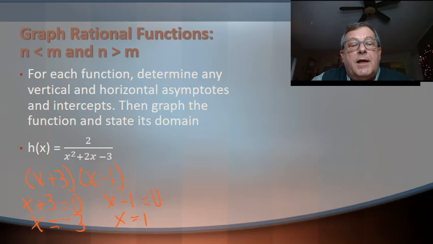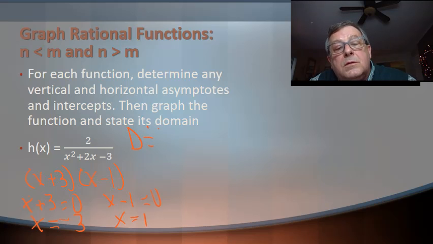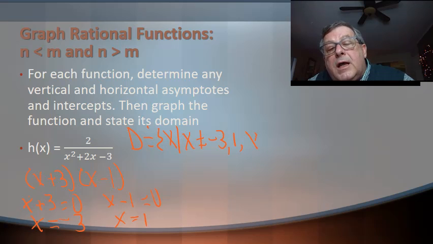So let's go ahead and state our domain and determine our vertical asymptotes. Well, my domain is D equals x such that x does not equal negative 3 or 1, but otherwise, x is an element of all real numbers.